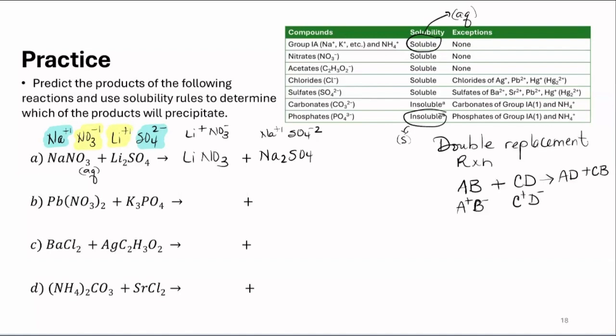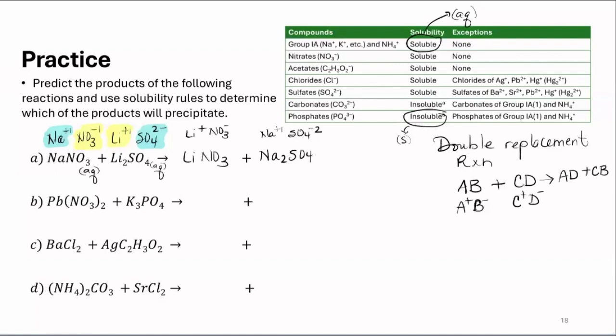Then we have lithium sulfate. Sulfates are soluble unless they're paired with barium, strontium, lead-2, mercury 1, or mercury 2, but since lithium is not one of those, then we know that lithium sulfate is also an aqueous solution. When we look at the products of this reaction, we have lithium nitrate as the first product.